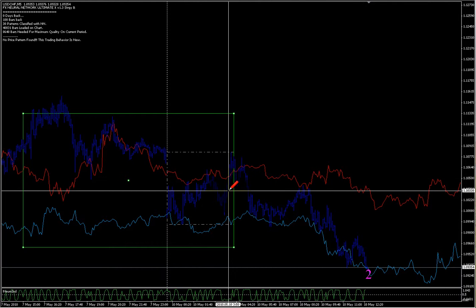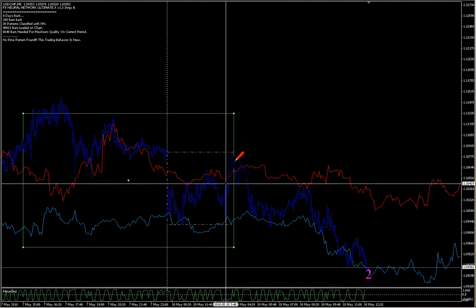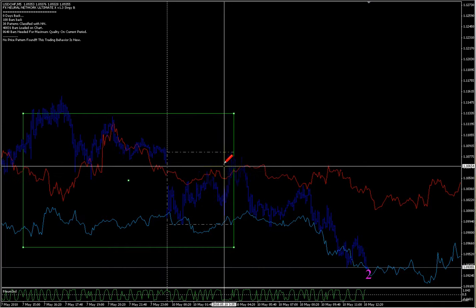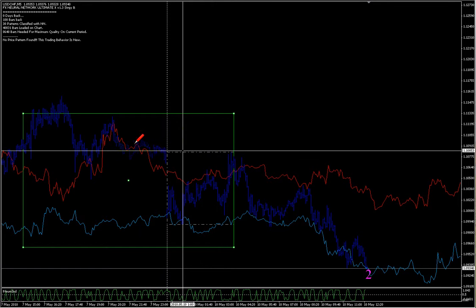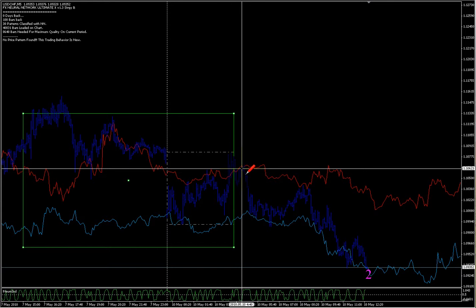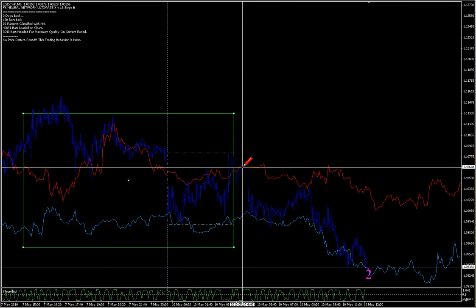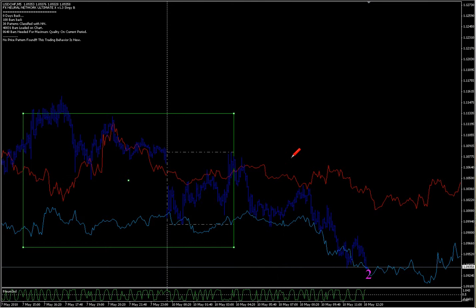Before using some other method of neural network, I also bought here very quickly, up to about this area of previous resistance. But anyway, that's another trade. The one I want to show you is the short here, based on this neural network prediction.